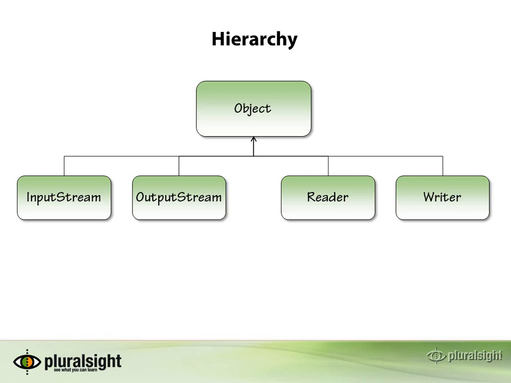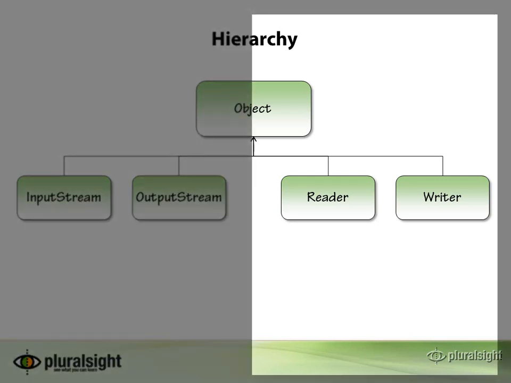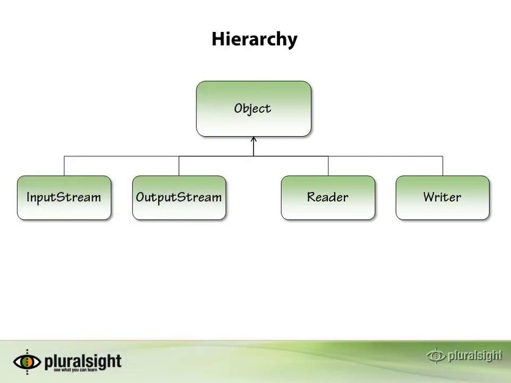On the other side, you have Reader and Writer. These are text-based streams, designed to read ASCII characters, character sets, and basically strings or characters in and out from whatever the stream is, whether it be a file or network or whatever it is. These are character-based. All of the streams and the readers and writers in Java inherit from one of these, either from the InputStream or the OutputStream, or the Reader or the Writer, and they can be combined together.